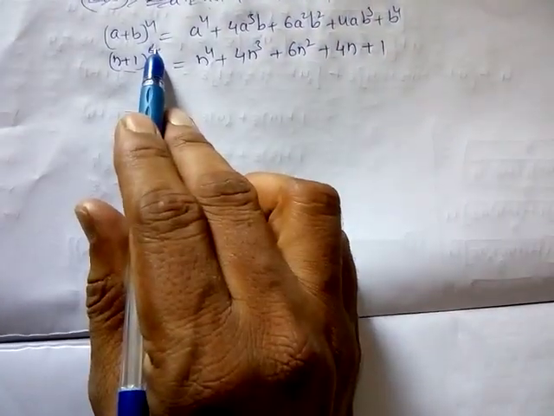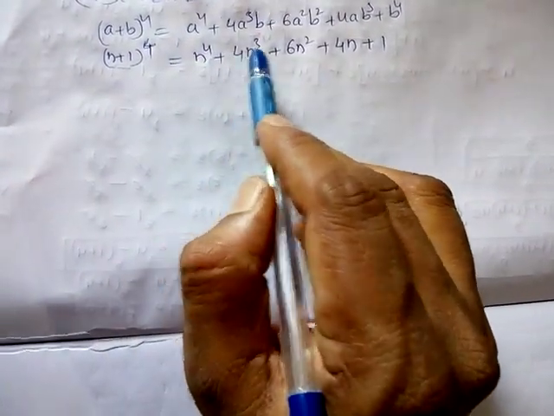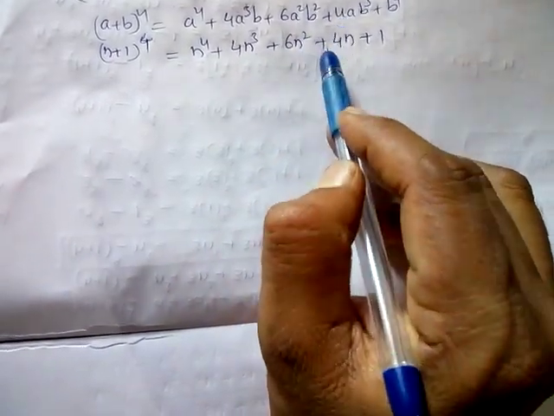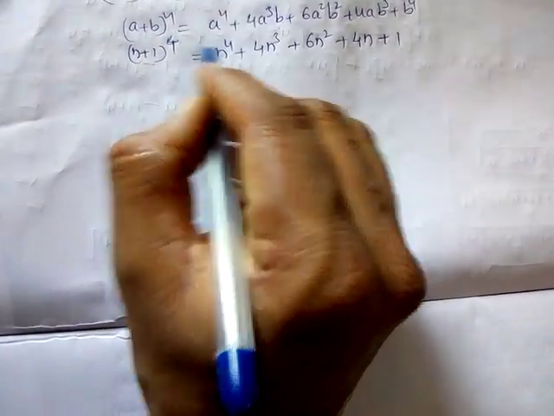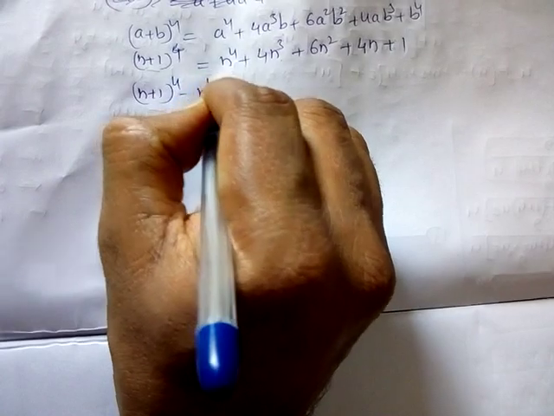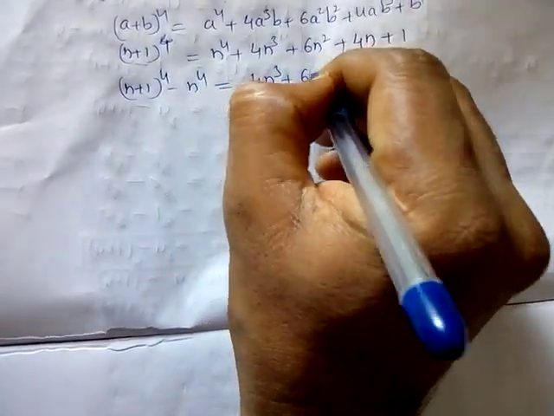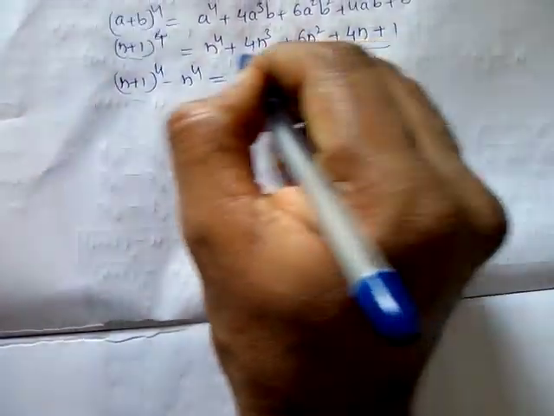Here a is equal to n and b means 1 only. So transposing n to the power of 4 to this side, (n + 1) to the power of 4 minus n to the power of 4, the result is 4 n cube plus 6 n square plus 4 n plus 1. So this is one identity.